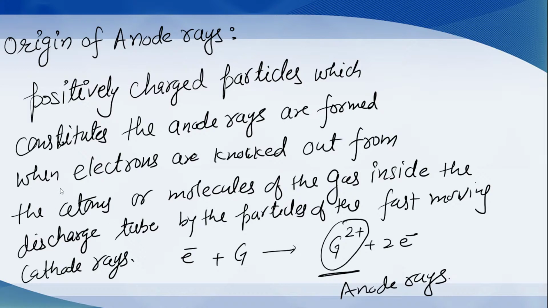Anode rays are not emitted from the anode, but from the space between anode and cathode. Keep in mind, cathode rays are emitted from the cathode material as well as the space between anode and cathode.